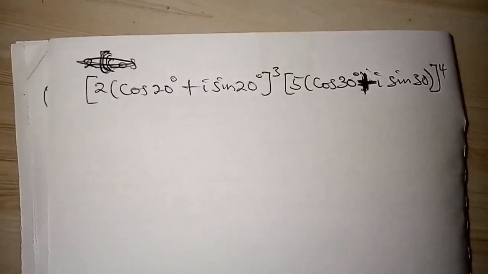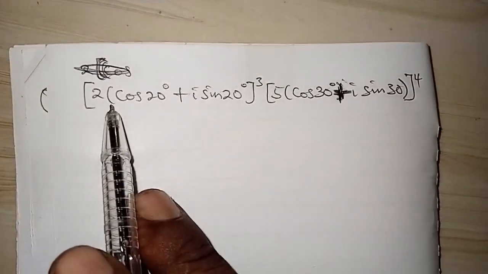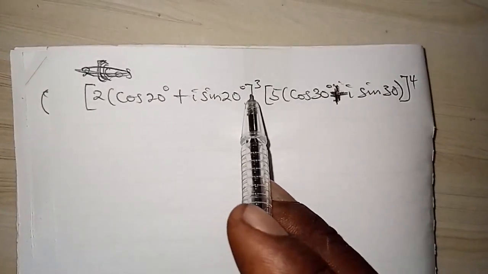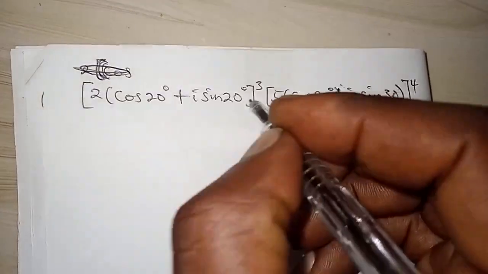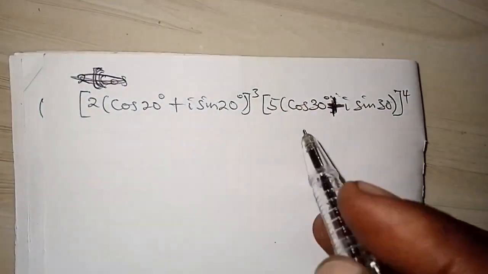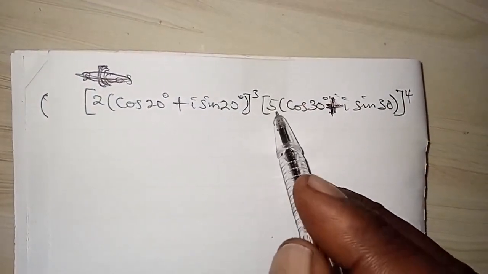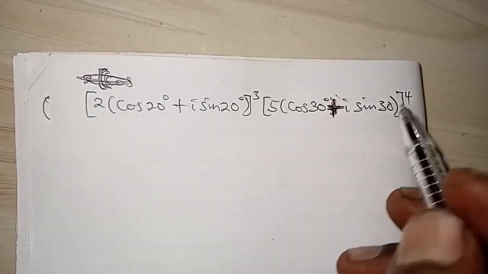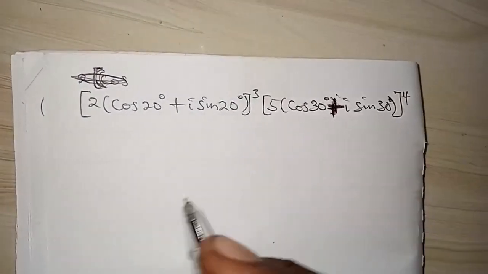So let's look at this question now. It says 2 cos 20 degrees plus i sine 20 degrees all raised to power 3, multiplied by 5 into cos 30 degrees plus i sine 30 degrees all raised to power 4.